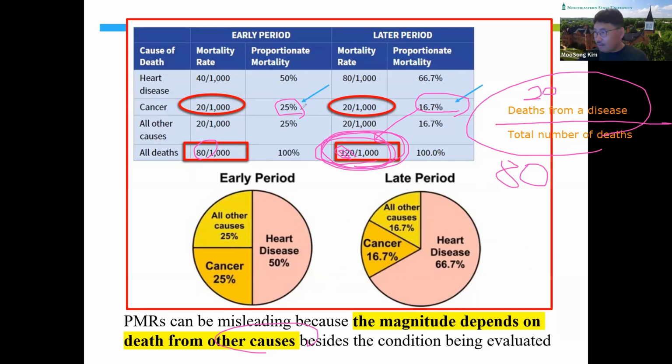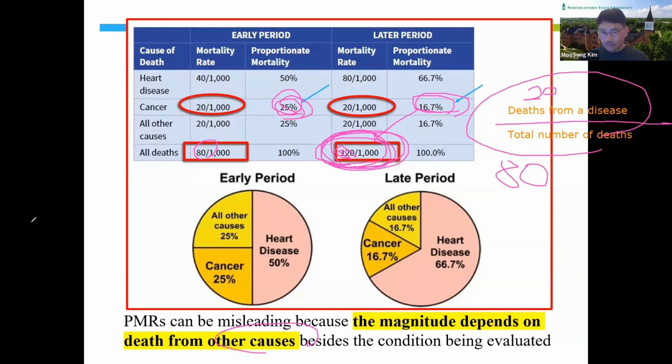These numbers, 25 and 60.7, do not indicate the risk of dying from a disease. That's the characteristic of the proportionated mortality rate, because it depends on the total number of deaths from all causes, right?